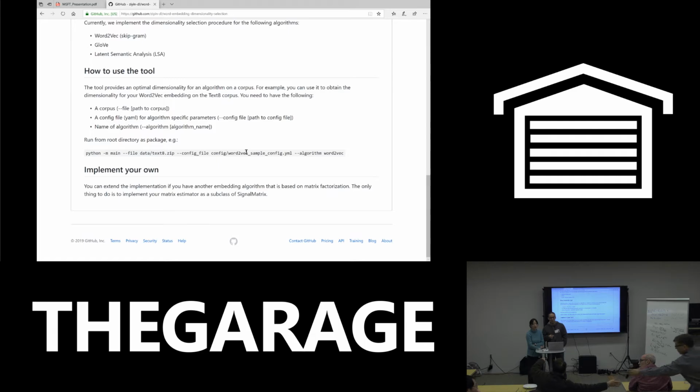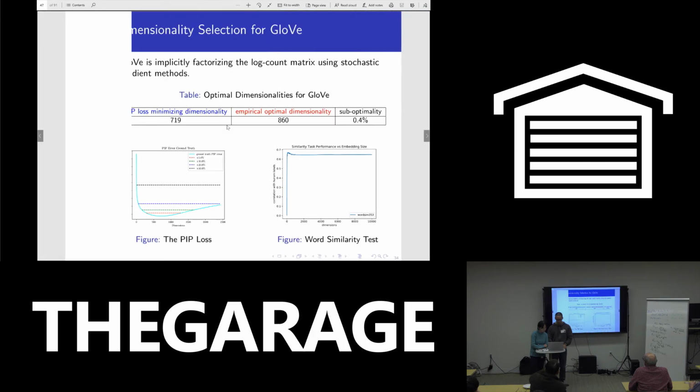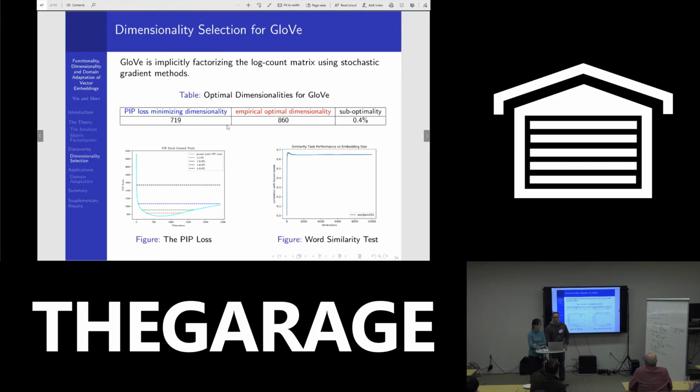So if you go to your presentation, when you're showing the numbers, I didn't quite understand. You had GloVe and Word2Vec. When I see the suboptimality of 0.4 on GloVe compared to Word2Vec, which was 0.7, can you elaborate more on what those numbers are?